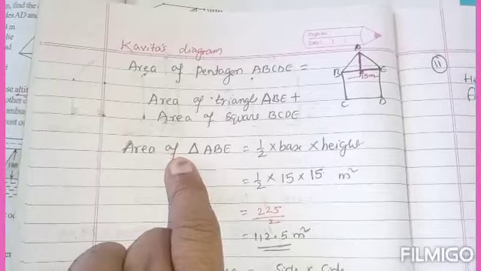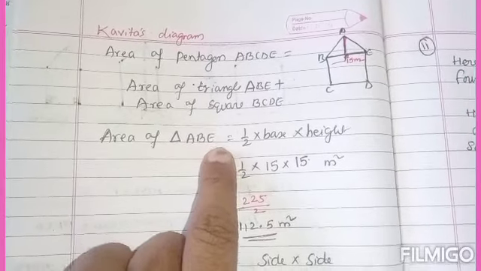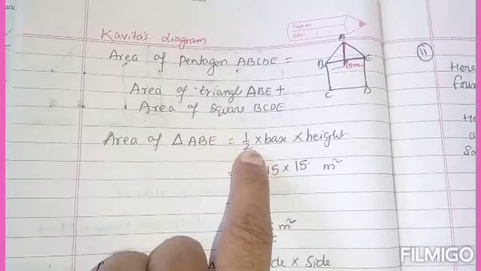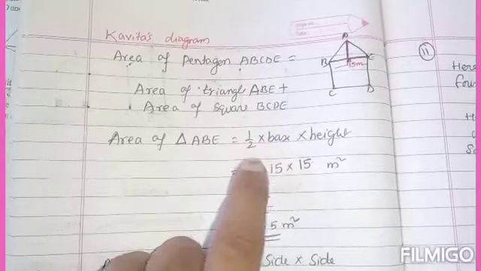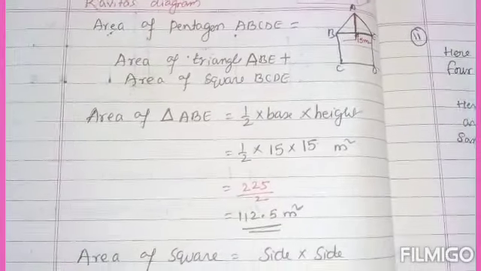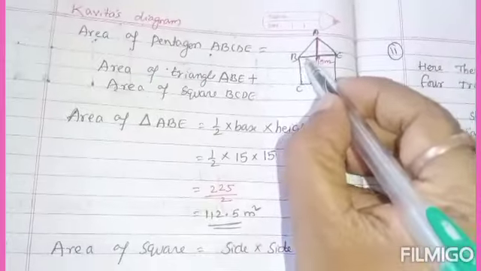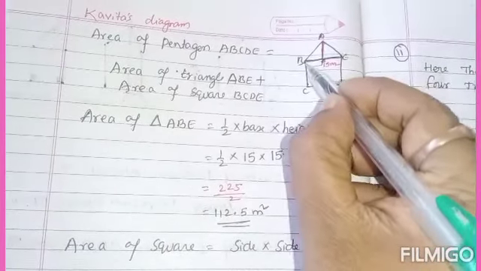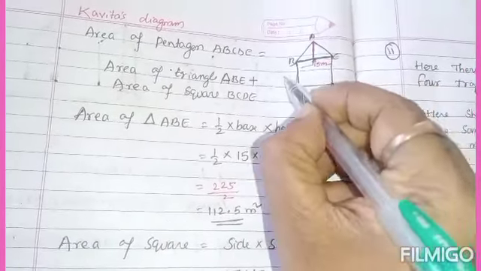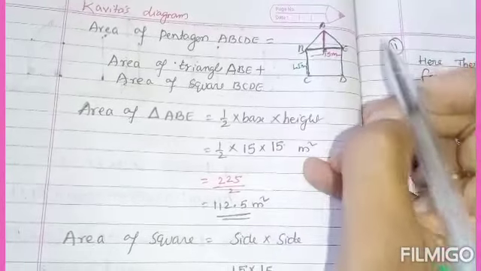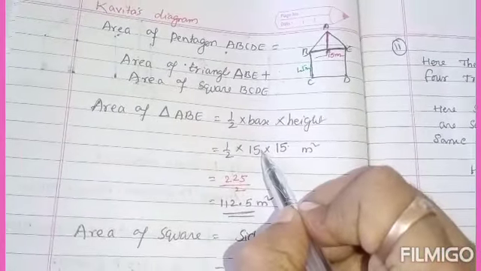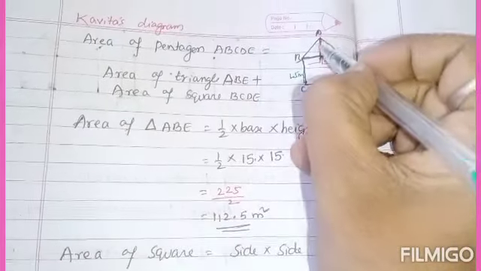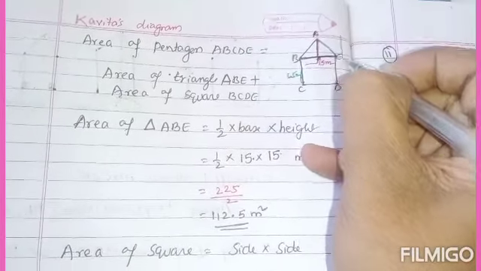So first of all, I am finding the area of triangle ABE. We know the formula for the area of a triangle: half into base into height. So 1 by 2, base means this is the base. In a square all sides are equal, and the side is given in the diagram as 15 meter. So in place of base you write 15, and height means total is 30.